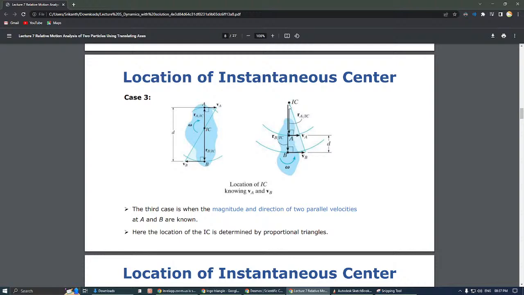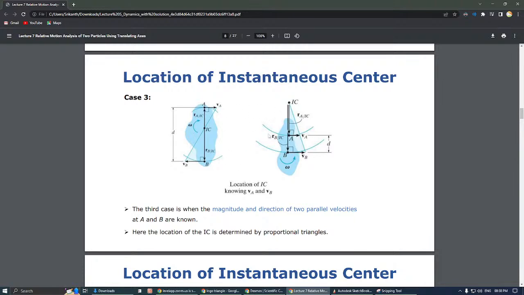And let us say 2 points are like this, A and B. They are moving in the same direction. And the velocities are parallel. And again, we need to make a triangle. The apex of that triangle will give us the instantaneous center.